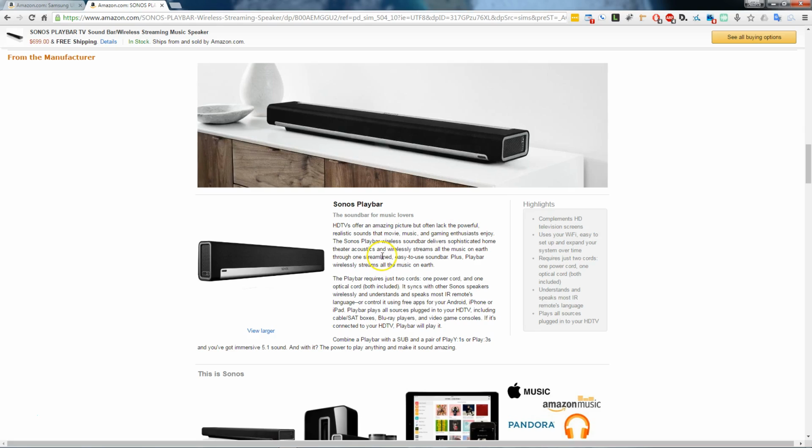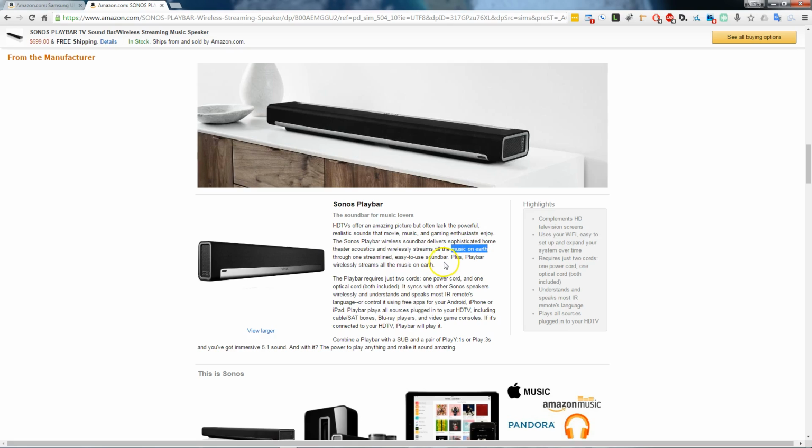Powerful, realistic sounds that movie, music, and gaming enthusiasts enjoy. Immediately, they have targeted an experience and targeted an audience. Excellent. Let's continue reading. The Sonos Playbar wireless soundbar delivers sophisticated home theater acoustics and wirelessly streams all the music on Earth.